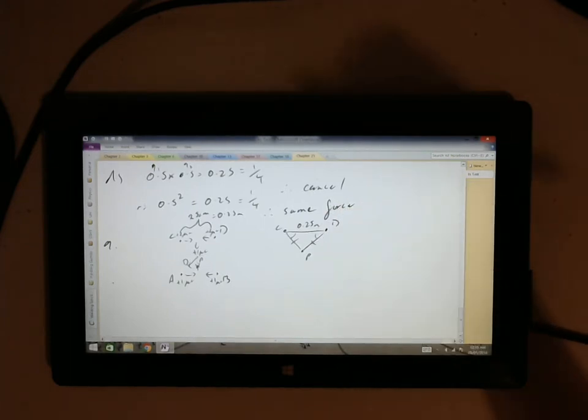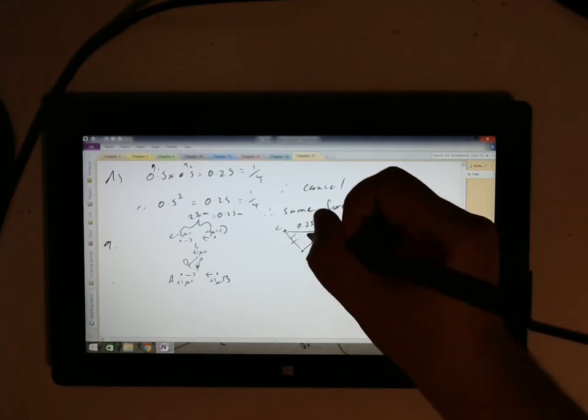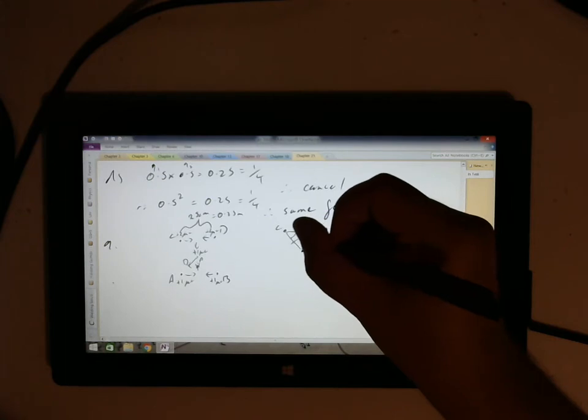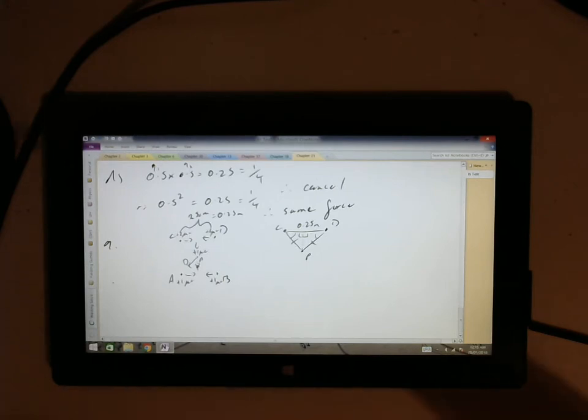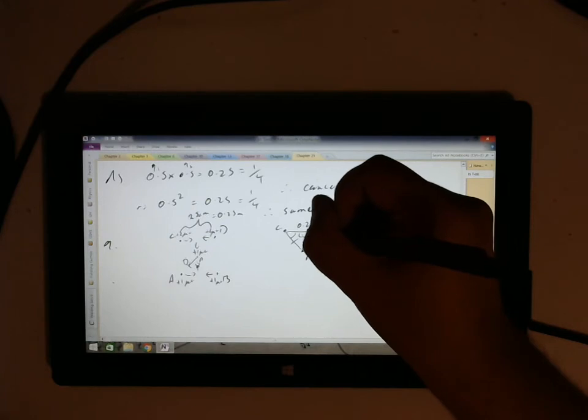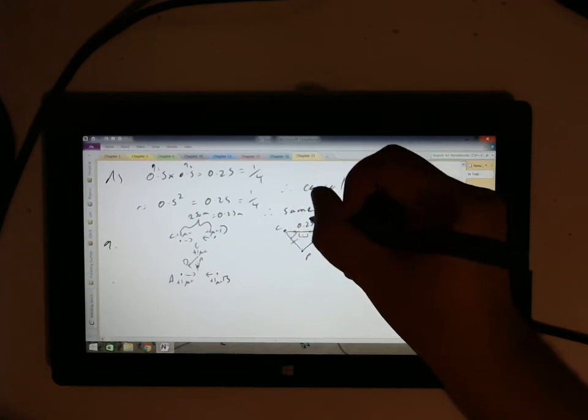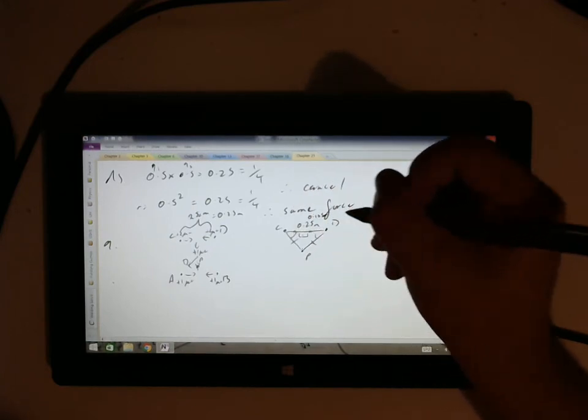If I perpendicularly bisect an isosceles triangle, I will end up with two equal size pieces either side, each at 0.125 meters.